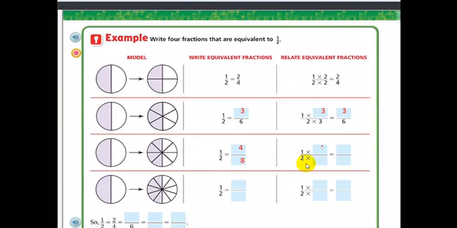Here we did 4 over 4. Okay, why do we multiply by 4 in the top and 4 in the bottom? Because 4 over 4 gives me 1, and 1 times any number equals the same number. It will be 4 over 8.